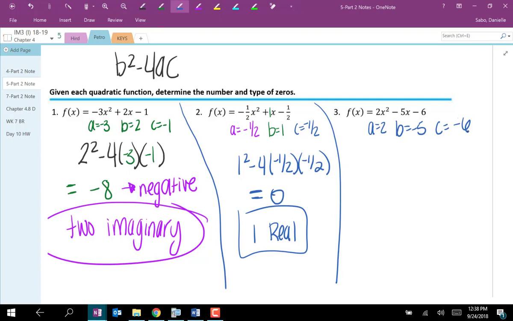Be careful. Make sure when you put that -5 squared in your calculator, you don't just put -5 squared. Whenever you're working with a negative number, put it in parentheses. So I mean -5 all squared minus 4 times 2 times -6.